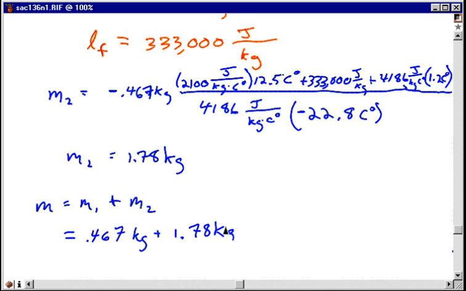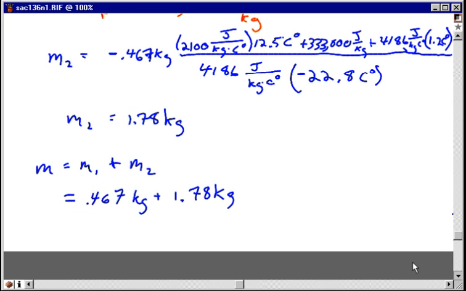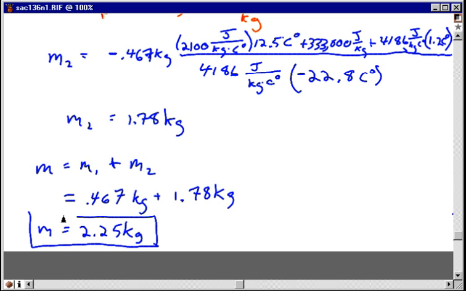And I find that to be 2.25 kilograms, right at the very bottom of the page, none too soon. We got our final answer for SAC 136, problem number 1.